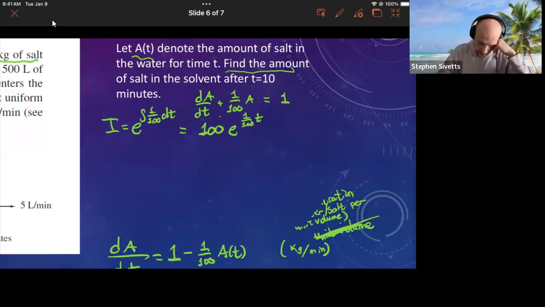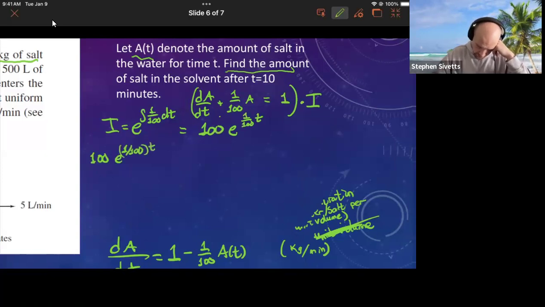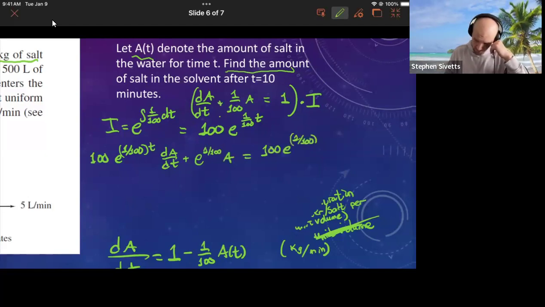And so if you multiply both sides by this integrating factor, we'll have e to the t over 100 times dA/dt plus 1 over 100 times A of t.